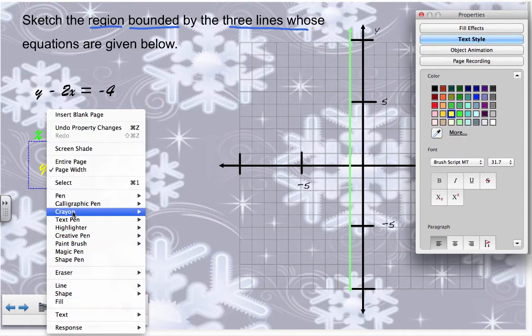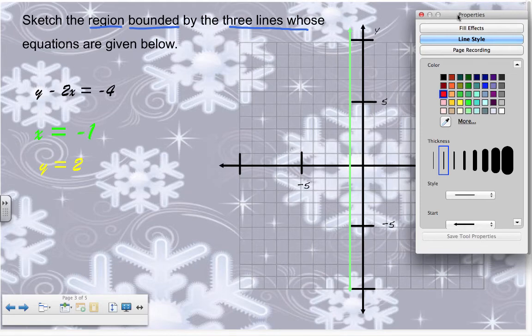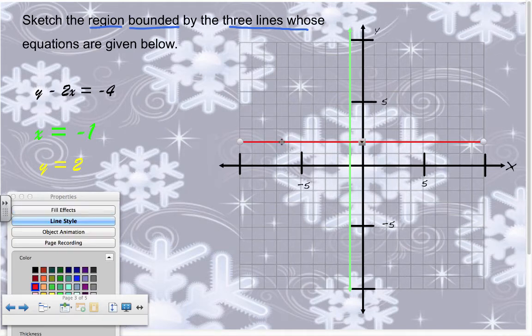So I'm going to take that line tool again. y equals 2 is where the y values are always 2. So that's a horizontal line. So y equals 2 is going to be right here. Change that color to lovely yellow.